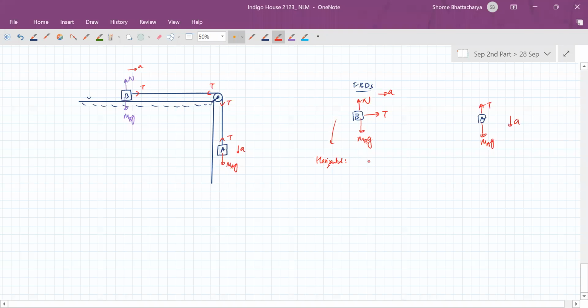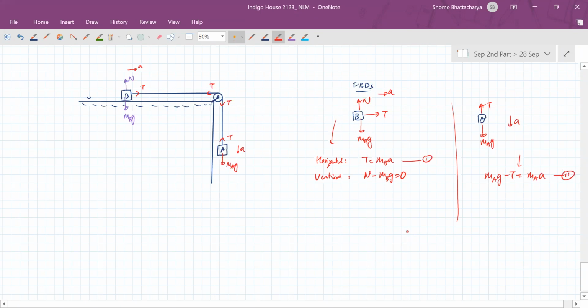We have T is equal to this. And along the vertical, we have N minus the weight is 0. So this equation, in fact, is not needed also because it just tells us normal reaction balances weight. For this, just a single equation is required for the vertical downward direction. Weight minus tension is equal to mass into acceleration. So this is our second equation.